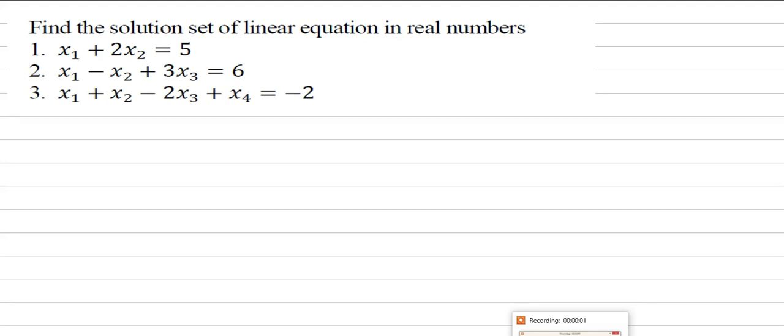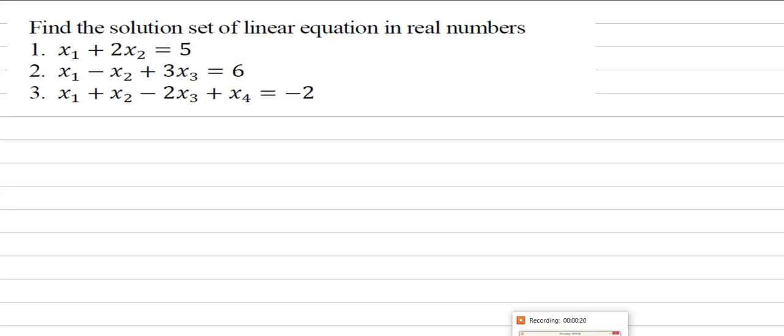Hello everyone. This time I will take some examples for you about how to solve linear equations in real numbers and how to solve a system of linear equations in real numbers.